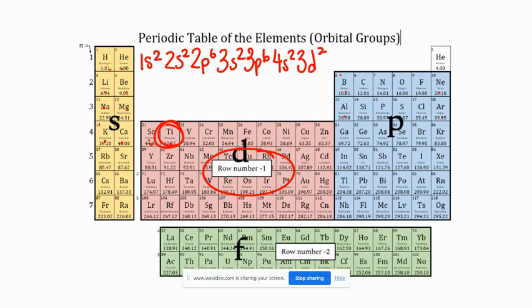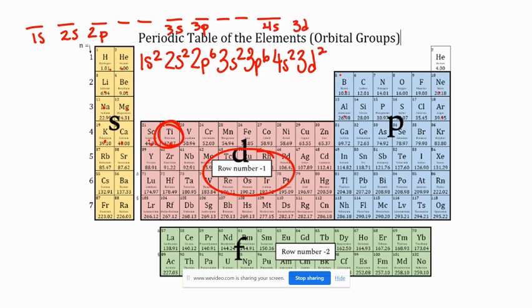Okay? Orbital diagram then. I'm going to have 1s, 2s, 2p, 3s, 3p, 4s, and then 3d.